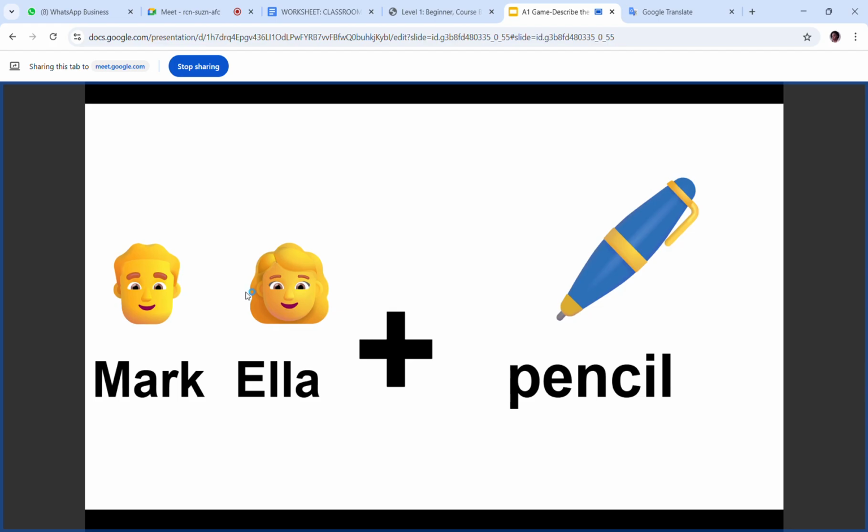Now let us do this one together. We can all do this one together, right? So here we have Mark and Ella. We can say, this is Mark. This is Ella. This is a pencil. The pencil is theirs, right?